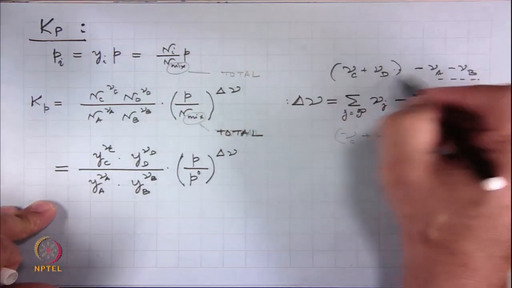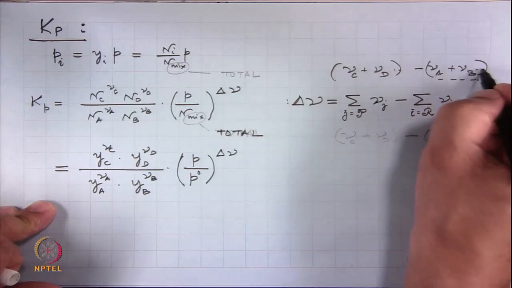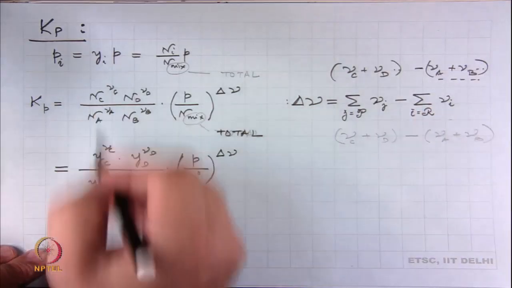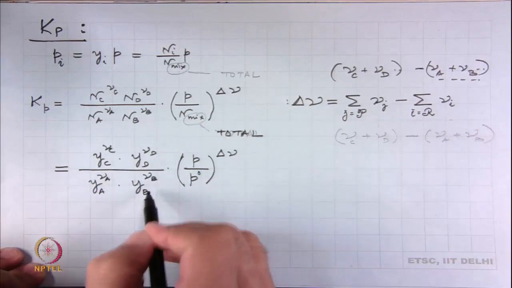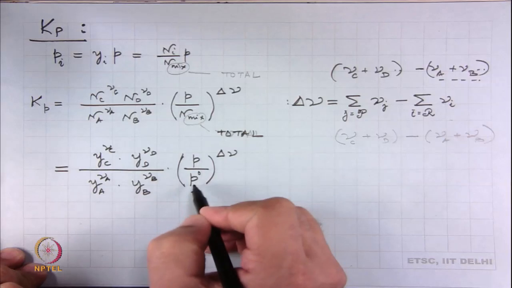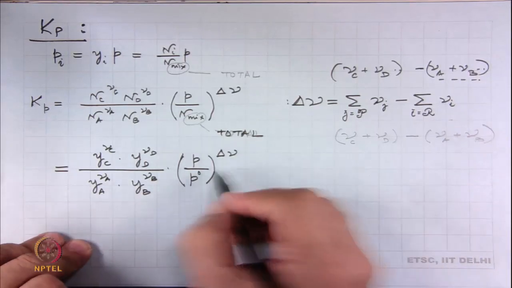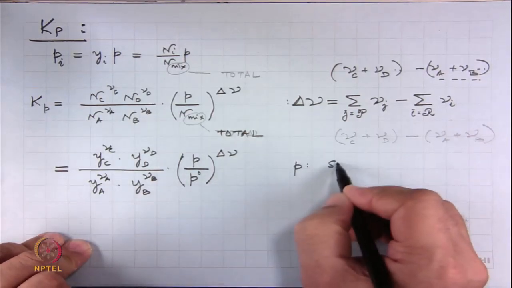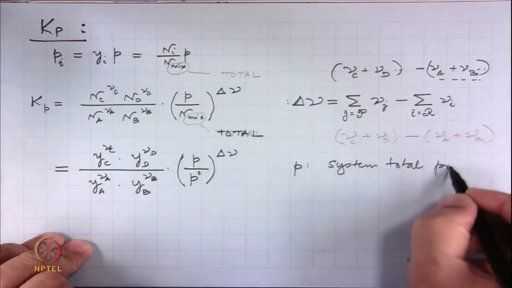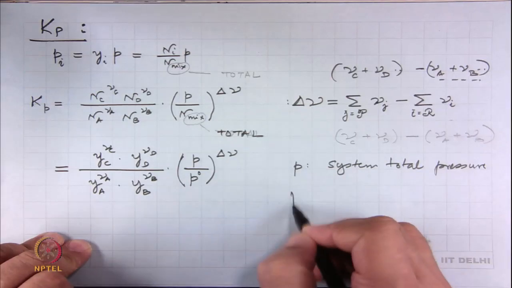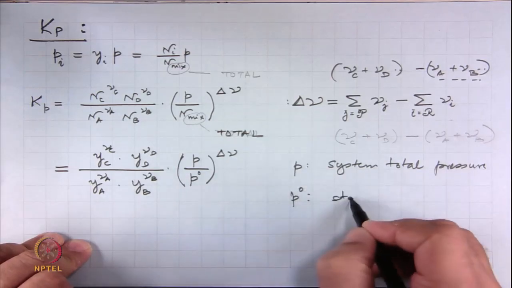This is rewritten again as y c to the power nu c into y d to the power nu d, similarly for the reactants, multiplied by P over P 0 to the power delta nu. Remember, P is the system pressure, the total pressure, and P 0 is the standard state pressure.